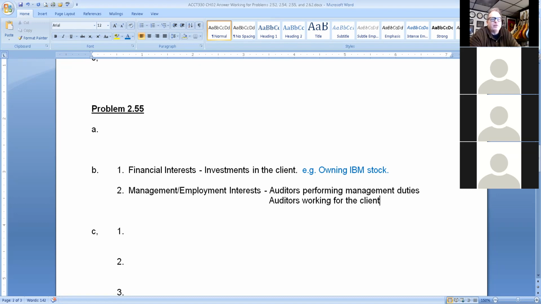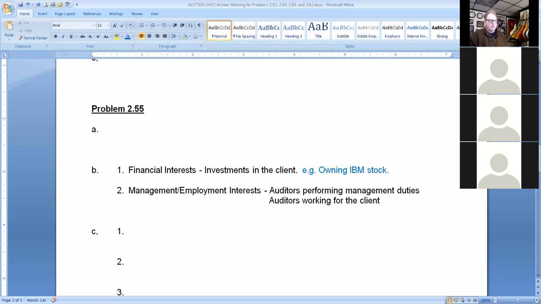So if I was, for instance, a CPA firm member and I'm also on the board of directors of IBM, I can't do the audit. We're in an oversight position, basically.